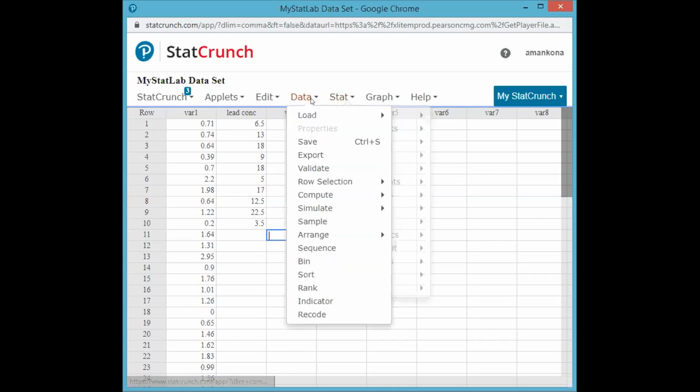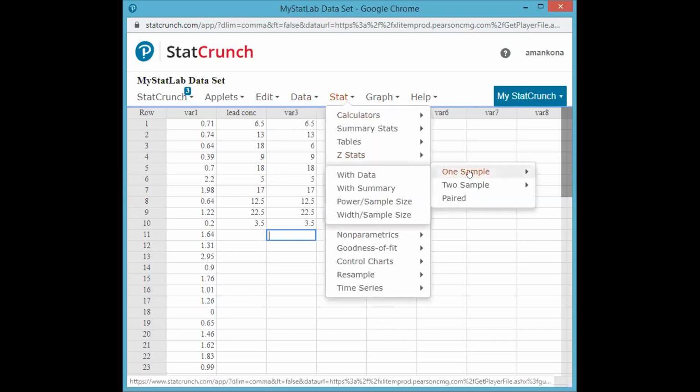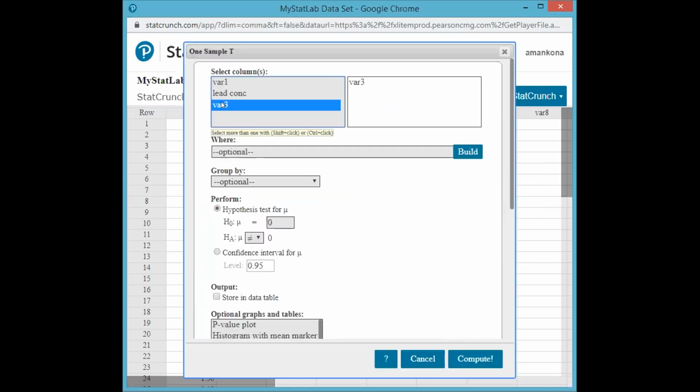Then I go to Statistics, T statistics, one sample. This is with data. My variable is column V3. I'm testing 14, and the alternative is less than, so we change this to less than.